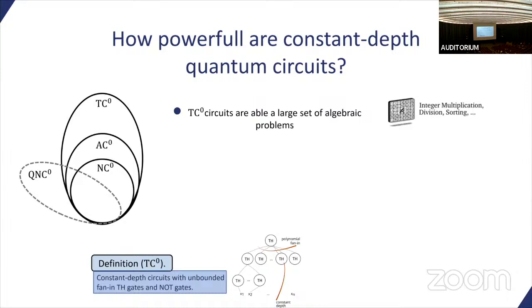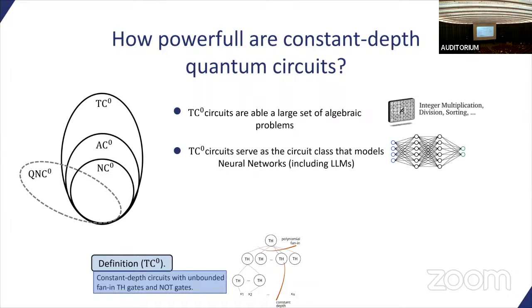Why is this interesting? Because TC0 can already solve some interesting algebraic problems, like integer multiplication and sorting. It was also motivated to define and describe neural networks as circuits. Some recent results have even shown that large LLMs, even ChatGPT, this type of model, are captured by circuit classes like TC0.